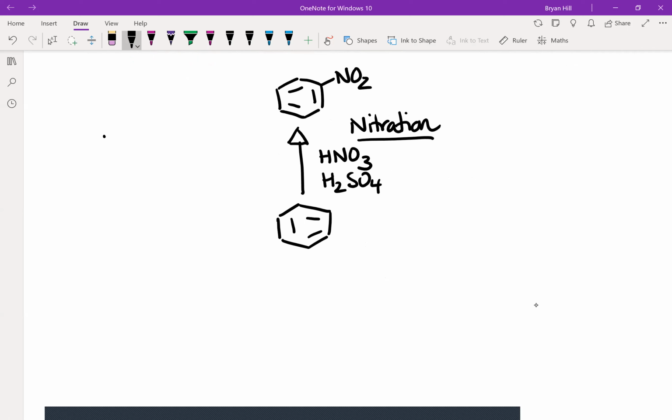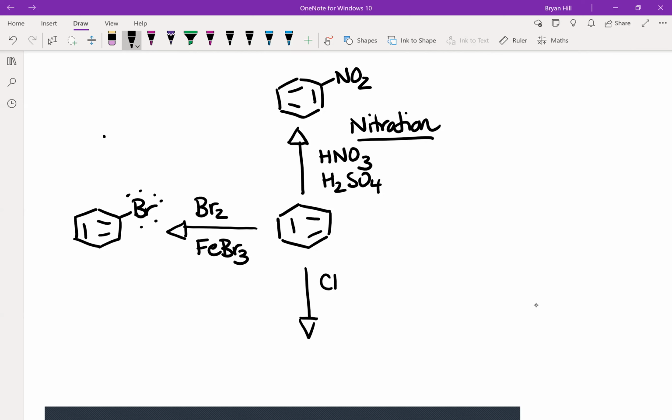Okay, so what's another reaction? Common reaction, bromination, Br2. And there's a catalyst which goes along with this, and it is normally iron tribromide. Yeah, so that's the most common one. And we just replace one of the protons with a bromine. Those lone pairs there.